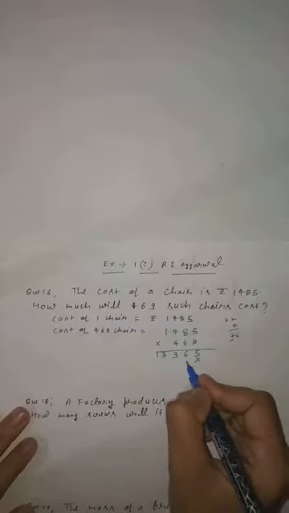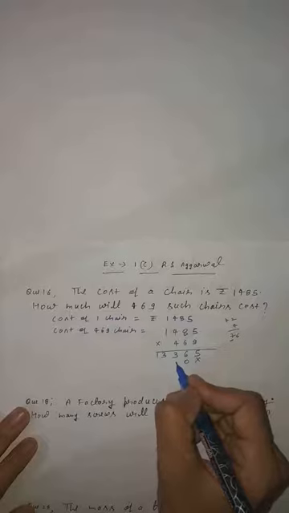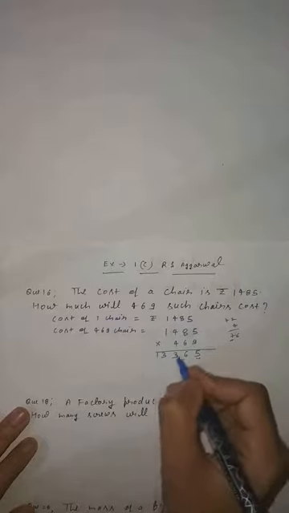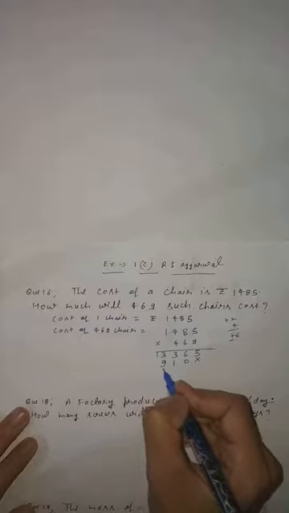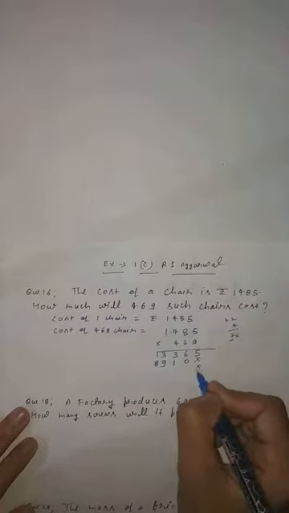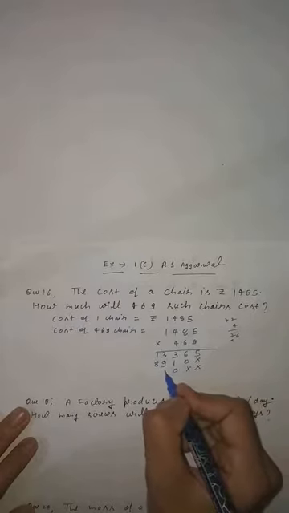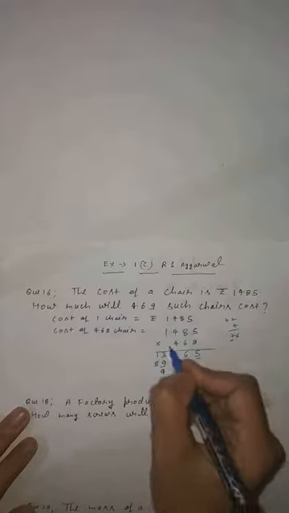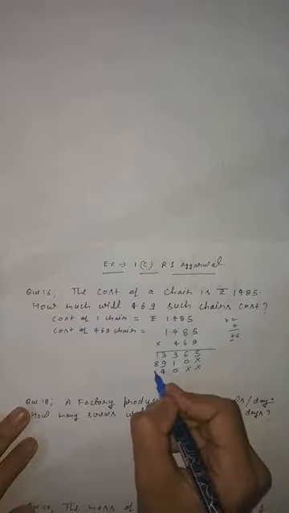Now again 6 fives are 30, 6 eights are 48 and 3 is 51, 6 fours are 24 and 5 is 29, 6 ones are 6 and 2 is 8. Now next, 4 fives are 20, 4 eights are 32 plus 2 is 34, 4 ones are 4 plus 3 is 7.